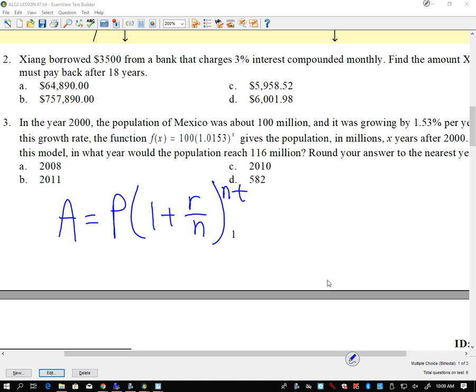So as we look up here, Zhang borrowed $3,500 from a bank. They charge 3% interest, compounded monthly. We want to find the amount that he has to pay back after 18 years. So we're trying to solve for A. Now, he borrowed $3,500.